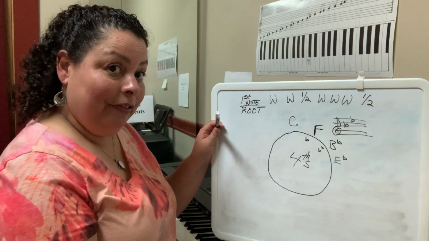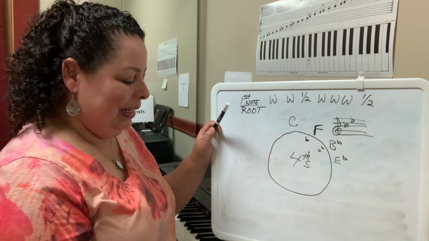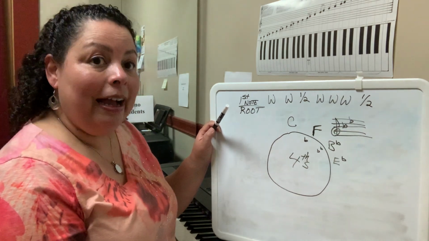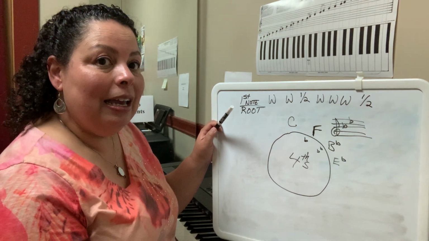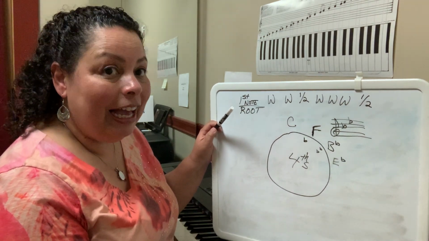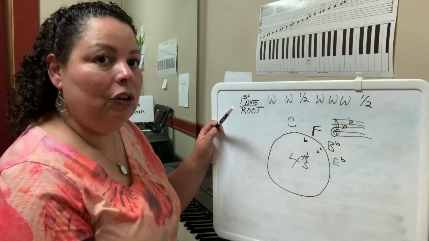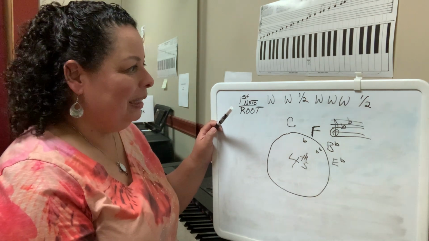If you said F, you're correct. So go a whole note from F, a half note now from F. So that's going to be what? A flat. All right. Now a whole note from A flat is B flat.